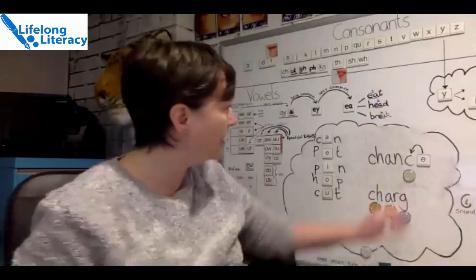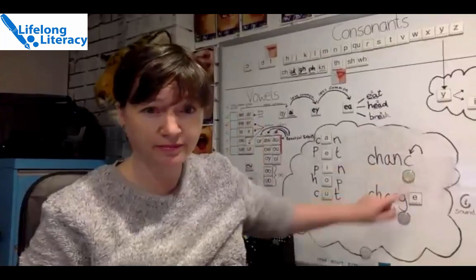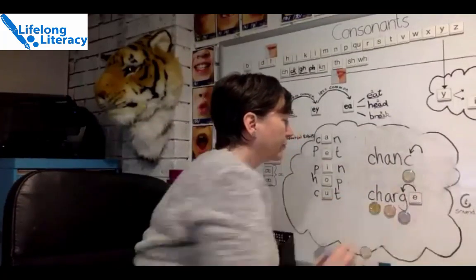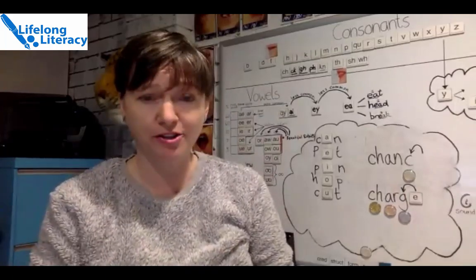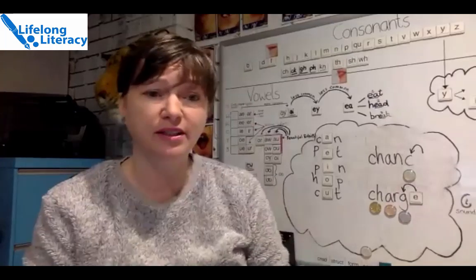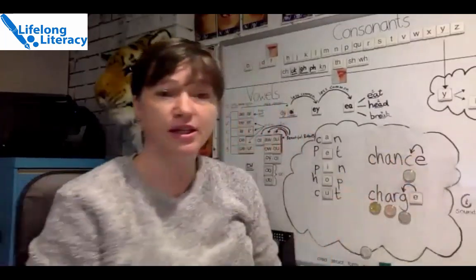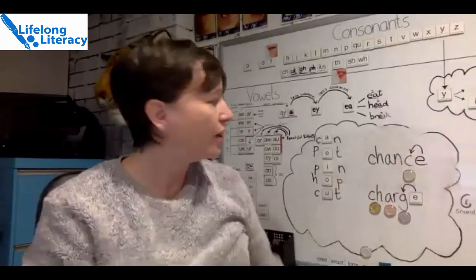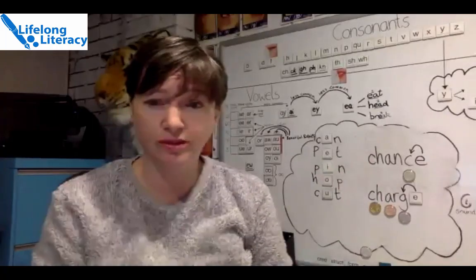So final silent E makes G represent J. This happens a lot at the end of words. Charg, charge. So the second job of final silent E is to make C say S and G say J. Write chance and charge if you haven't already, and show what the E is doing.